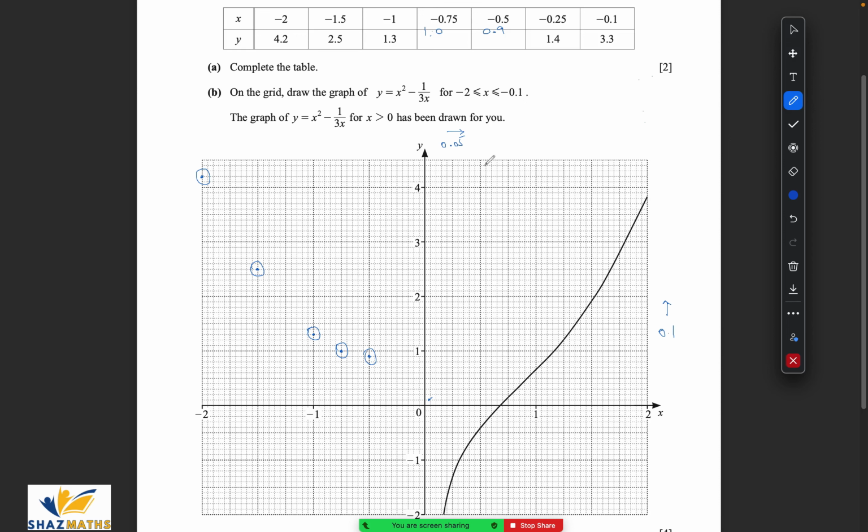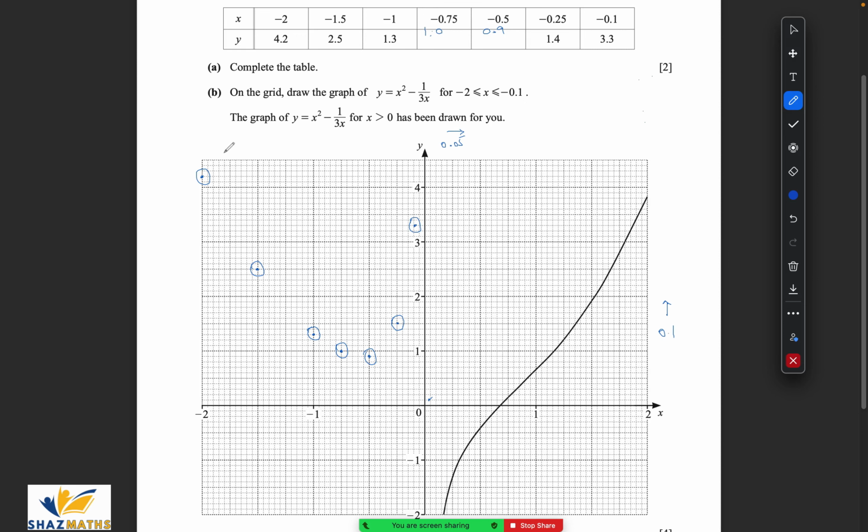Negative 0.25 would be here, y is 1.4. And then at -0.1, y is 3.3. That means it would be two small boxes, it's 3.3, so 3 here, 1, 2, 3, here you go.